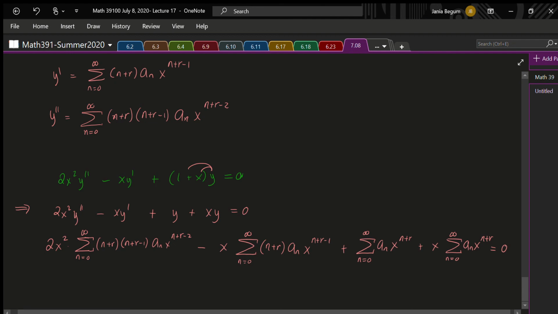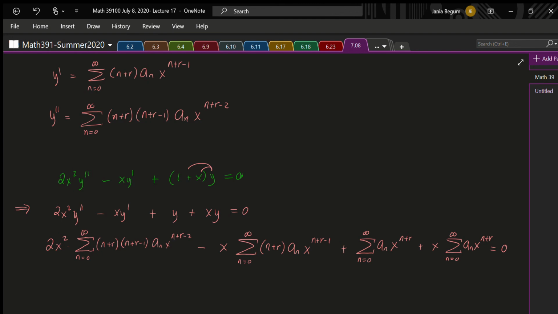Alright. So now the next thing you want to do is, if there is an x in front of the summation, you push them inside so you can combine it with the power of x. Just like we did before with the regular singular point, you do it again for this one. The only extra term we have is x to the r, so that really modifies our answer a little.